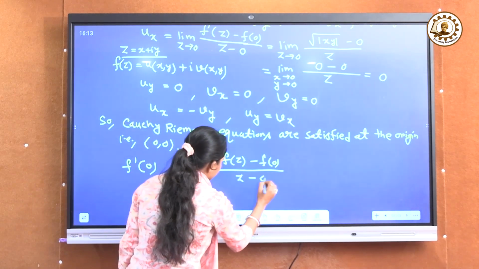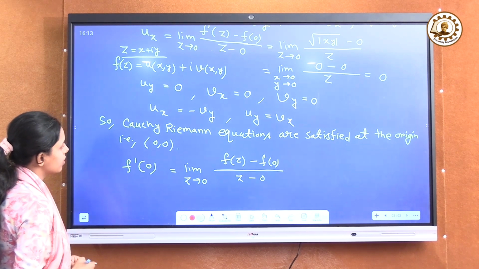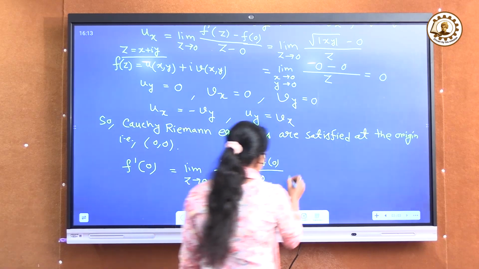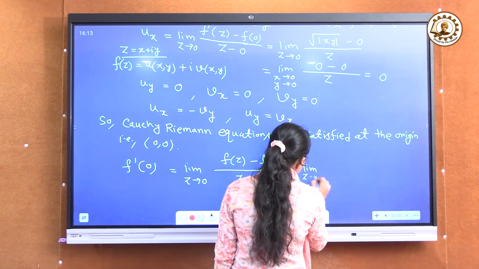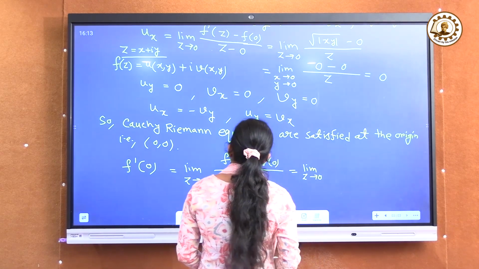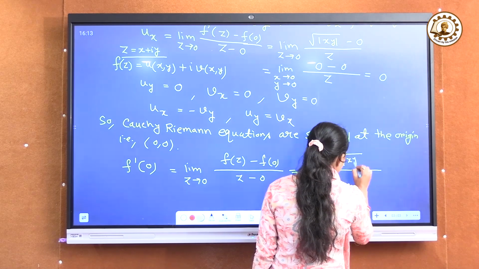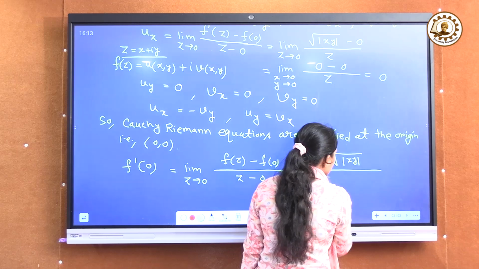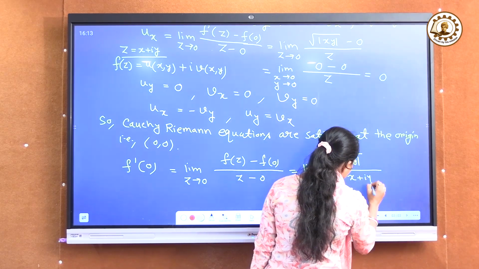The limit formula for f dash 0 is limit z tends to 0, f of z minus f of 0 divided by z minus 0. Here f of z is equal to root over mod of xy, and z is equal to x plus iy.